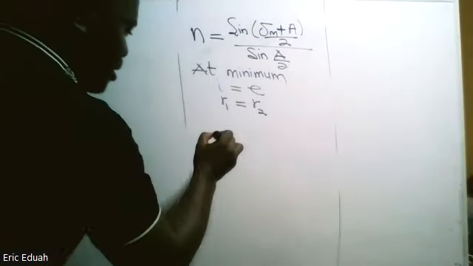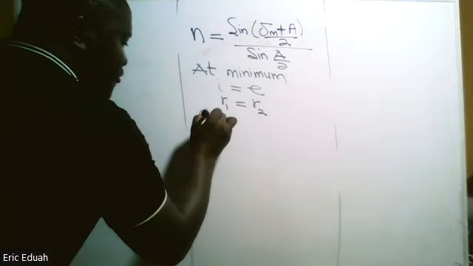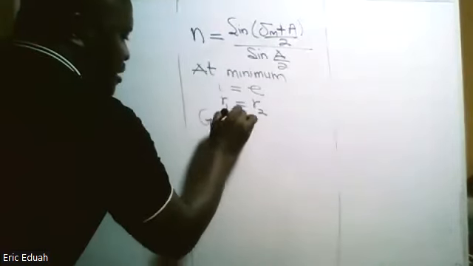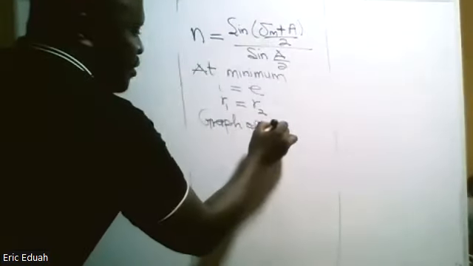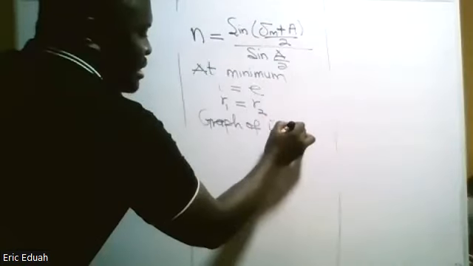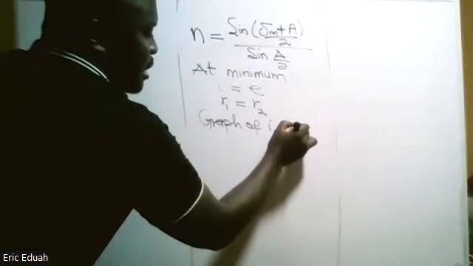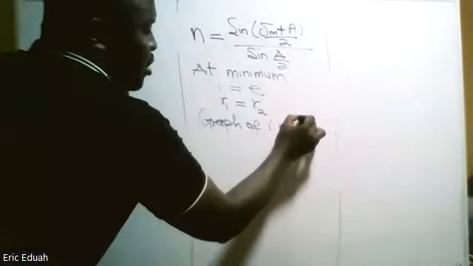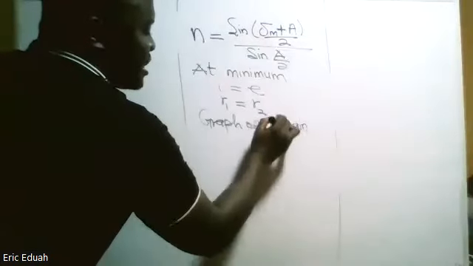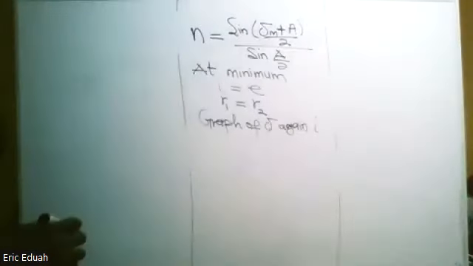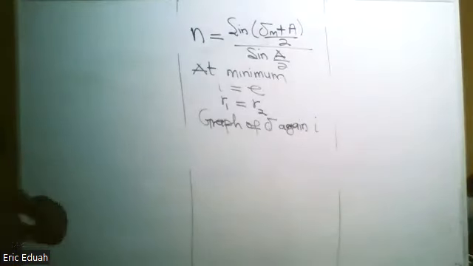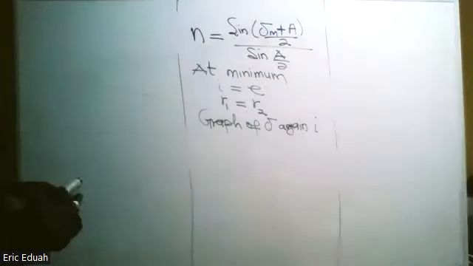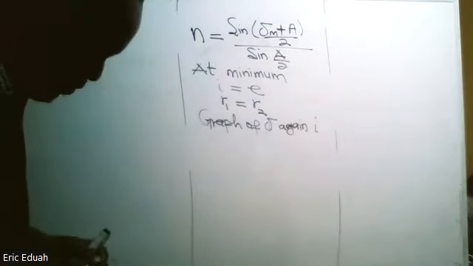Now, when we plot a graph of deviation against I, okay, when you plot a graph of deviation sigma against I, this is what you get for the graph.